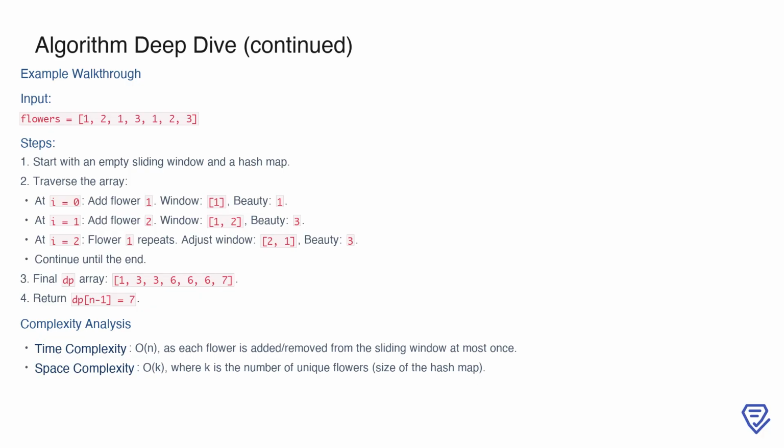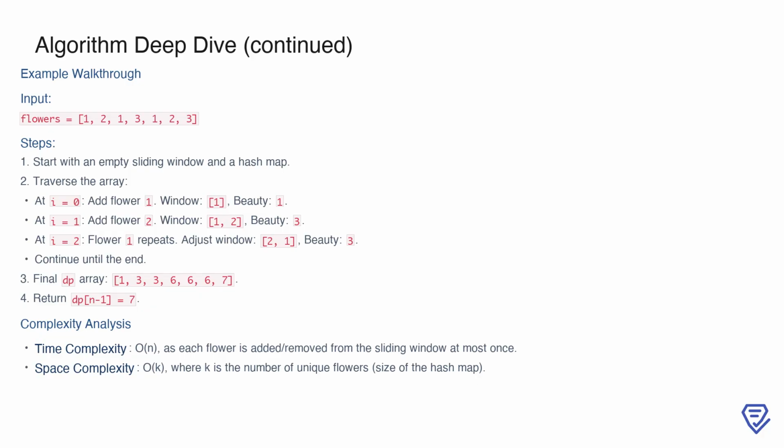At index 2, flower 1 repeats, so we adjust the window to [2, 1], maintaining the beauty value at 3. This process continues as we traverse the array, dynamically updating the window and dp state. By the end, the dp array becomes [1, 3, 3, 6, 6, 6, 7], and the maximum beauty is stored in dp[6], which is 7.